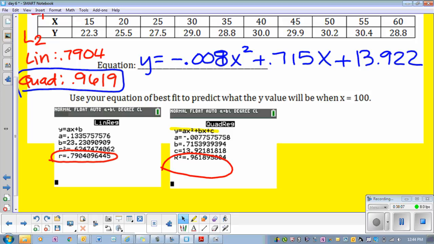All right, so now in the second part it says use your equation to predict what the y value will be when x equals 100. So you're just plugging in 100.